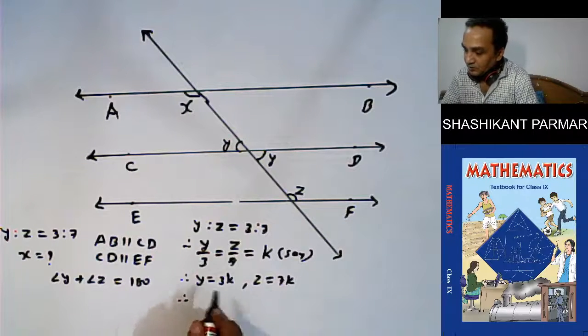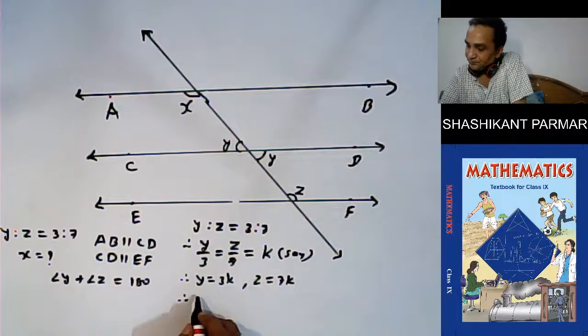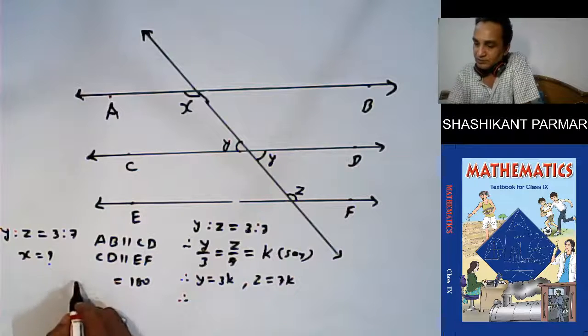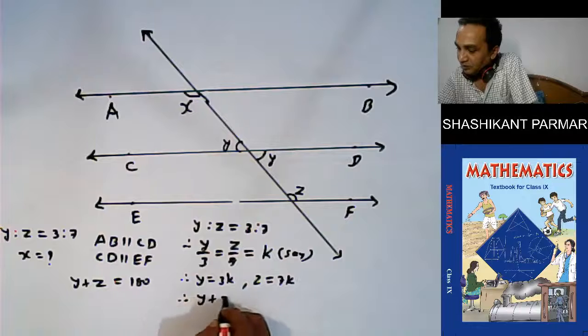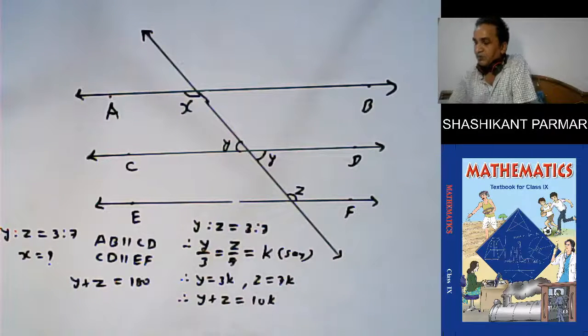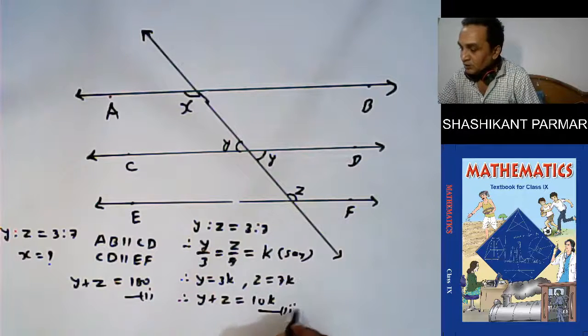Therefore Y plus Z is equal to 3K plus 7K, that means 10K. Now say this is first, say this result is second.